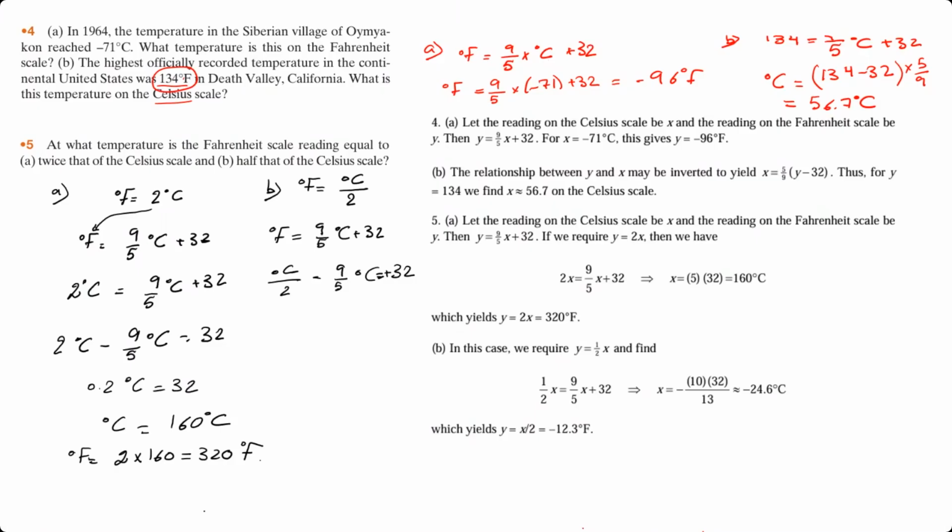This will give me minus 1.3 degrees Celsius equals 32. So the temperature is minus 24.6 degrees Celsius.